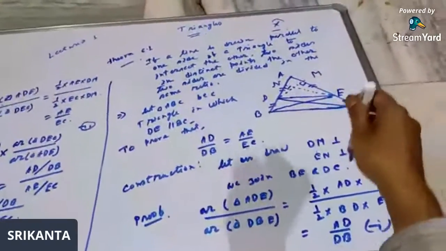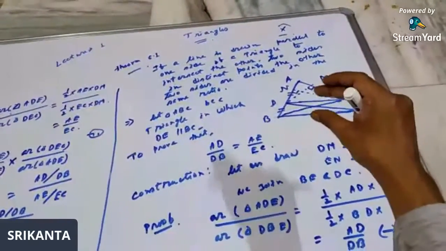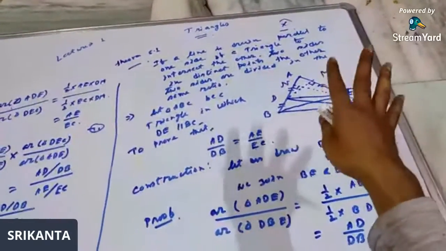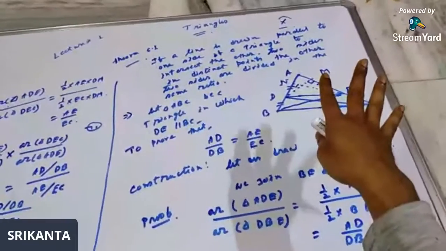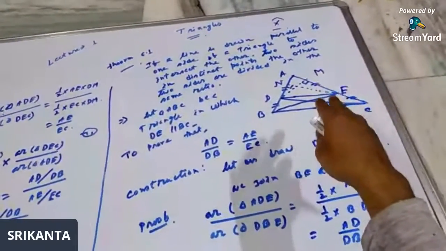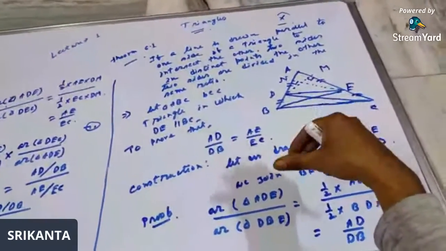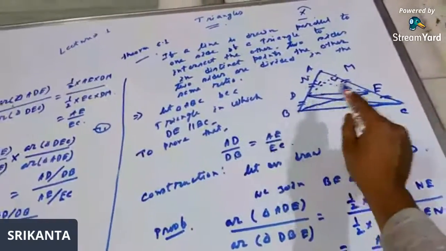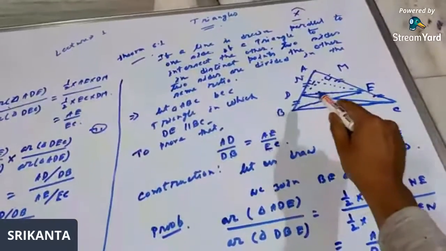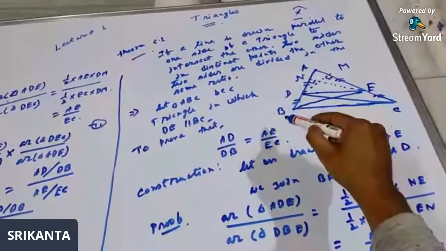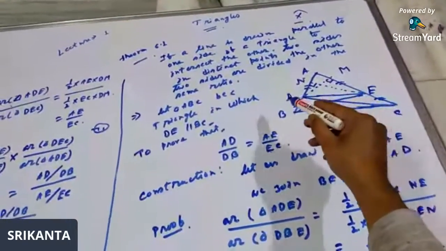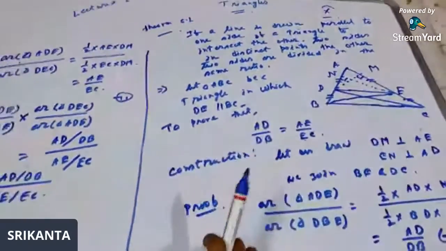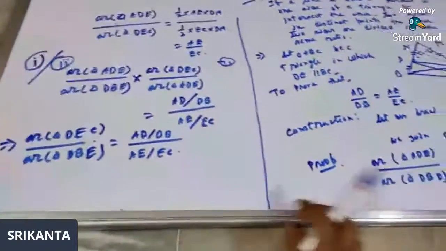We have learned that between two parallel lines, the areas of triangles are the same. This theorem we learned previously in class 9, that if two triangles are between the same parallel lines, then their areas should be equal. Since DE is parallel to BC, triangle DEC and triangle DBE are between the same parallel lines DE and BC. Therefore their areas should be equal, right?